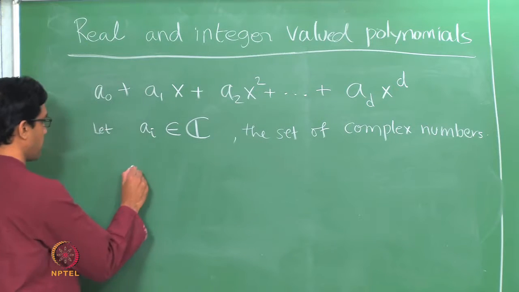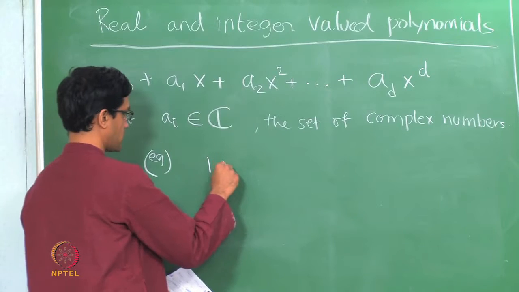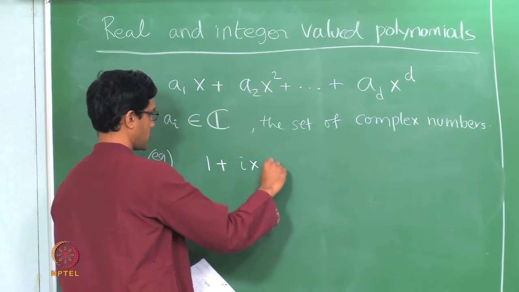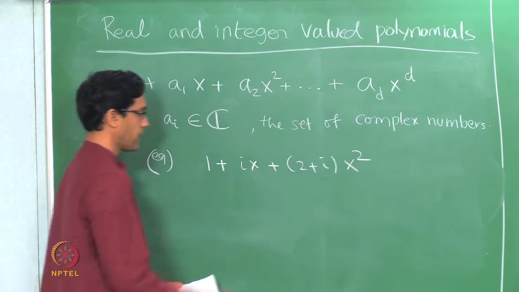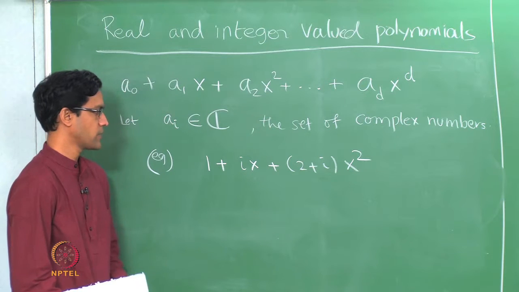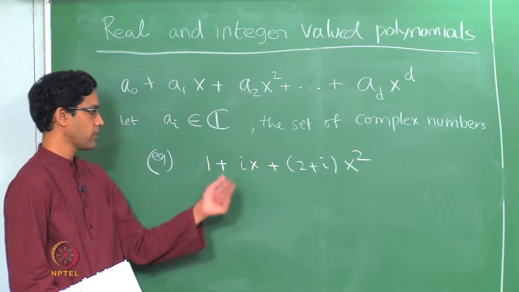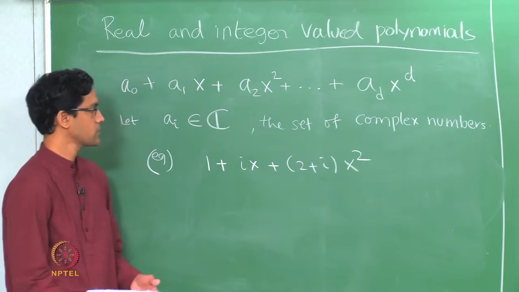So what is a typical example? You could take 1 plus i times x plus 2 plus i times x squared, where i of course is the complex unit, the square root of minus 1. So here is a polynomial whose coefficients are 1, i and 2 plus i, which are all complex numbers.